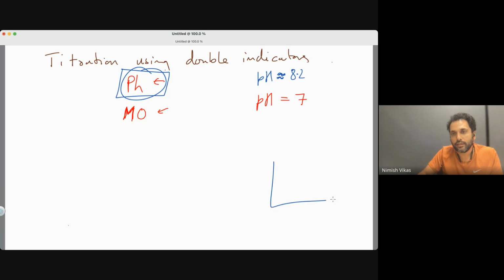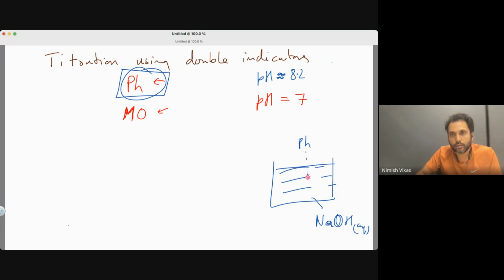Meaning to say you had a proper base, say NaOH solution, aqueous. You put some drops of phenolphthalein, and it is going to turn the whole solution pink. Because it is in base, and phenolphthalein shows pink color in base.